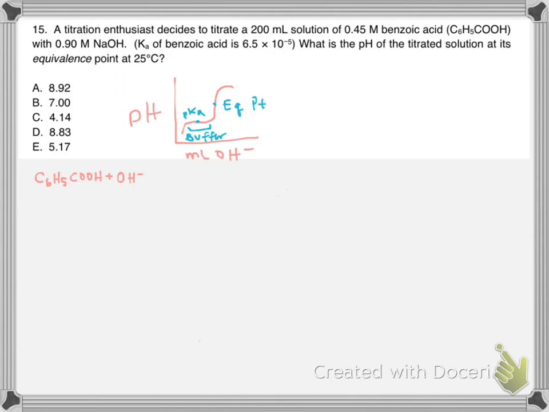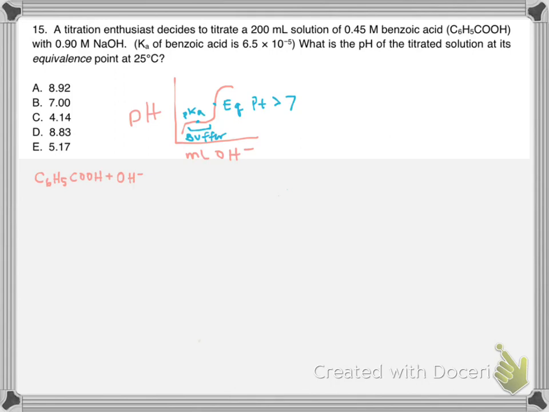Okay, and so when you have a weak acid with a strong base, we know that our equivalence point pH is going to end up being above 7. The reason for this is that we're going to make some conjugate base as we go through our reaction, which will increase the pH. Another way you can try to remember it is to say we have a weak acid with a strong base, so the base is going to win out a little bit.